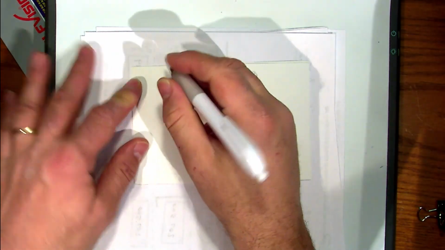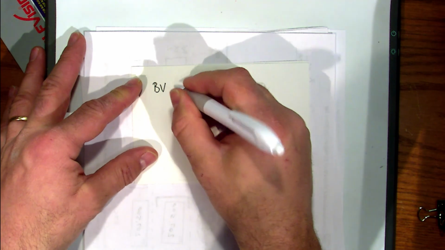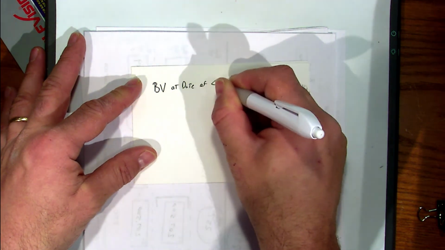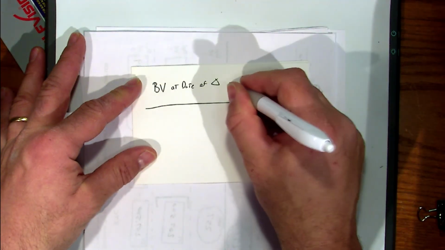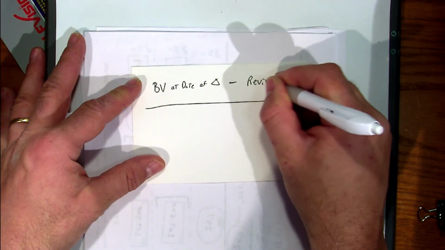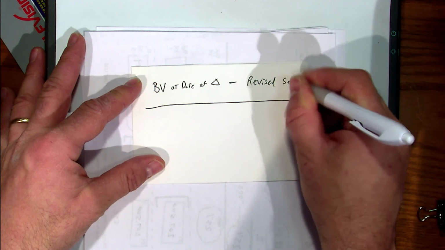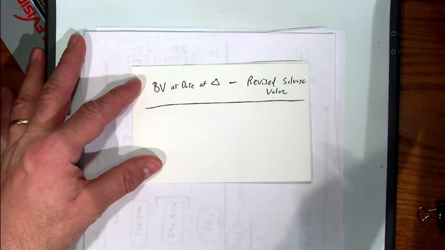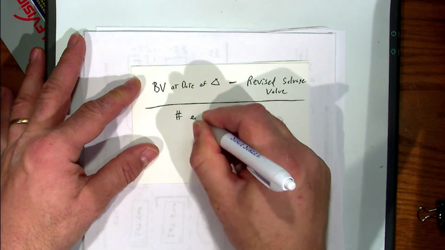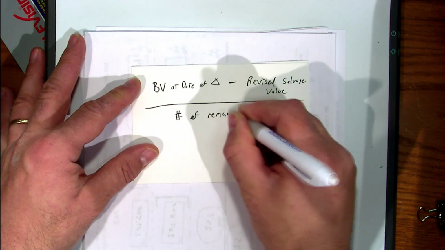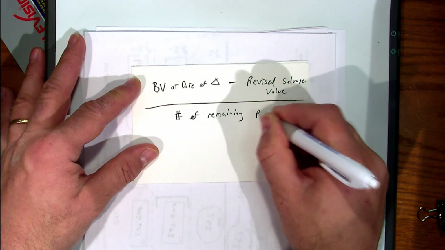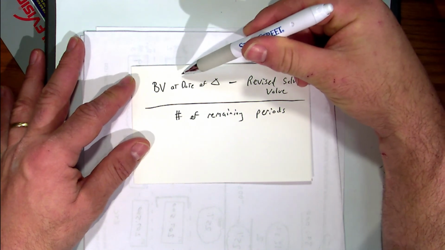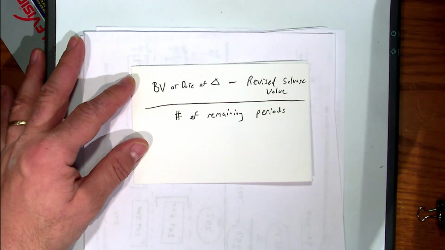The formula when we revise depreciation is the book value at date of change minus revised salvage value, divided by the number of remaining periods. Book value, we know, if you don't know by now, it's cost less accumulated depreciation, correct?